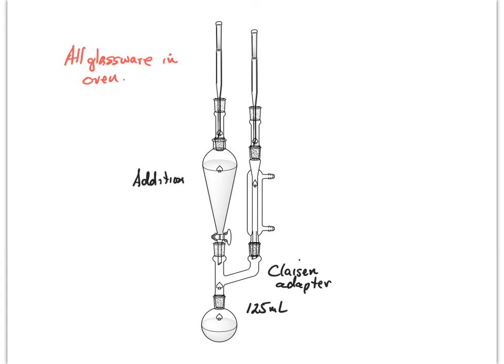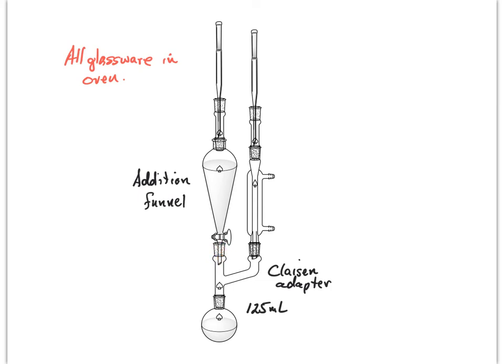Since we want to keep all sources of water, including the air, out, we're going to put our separatory funnel, and you have to use one that has a ground glass joint here, so that it can seal on the Claisen adapter.